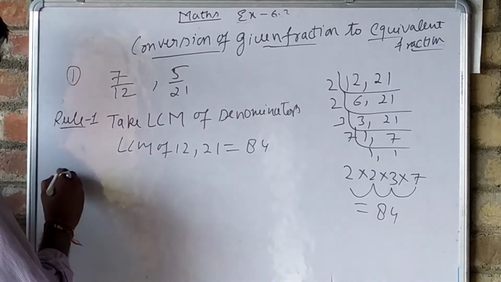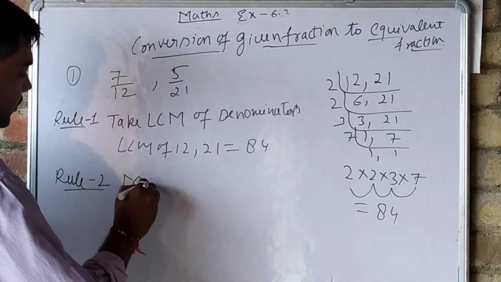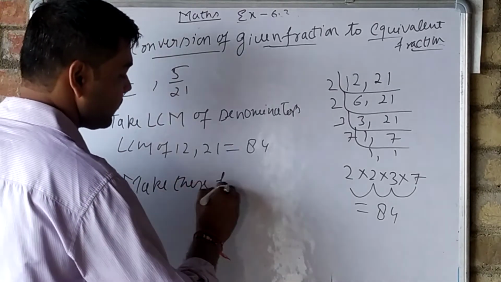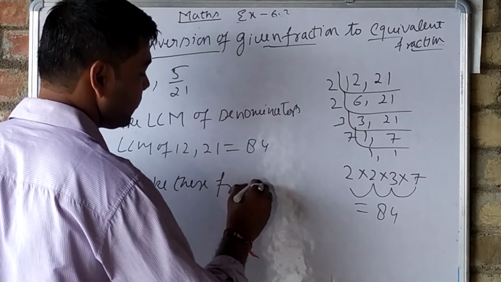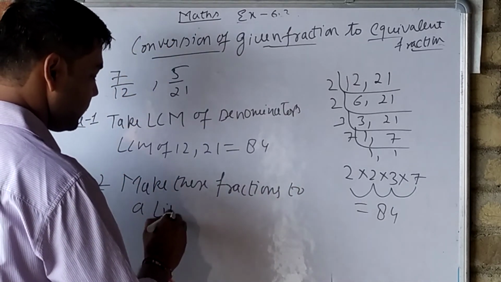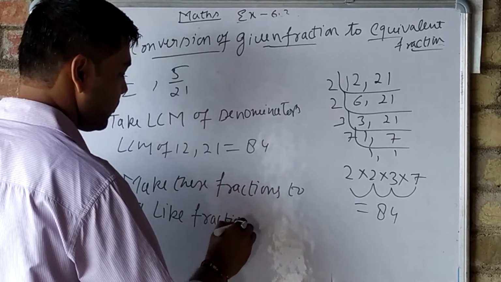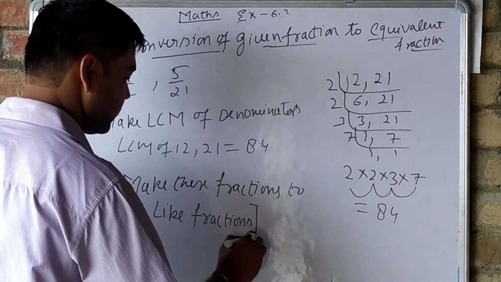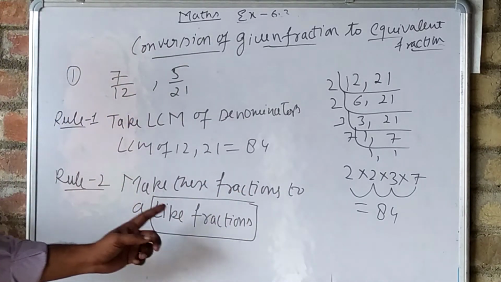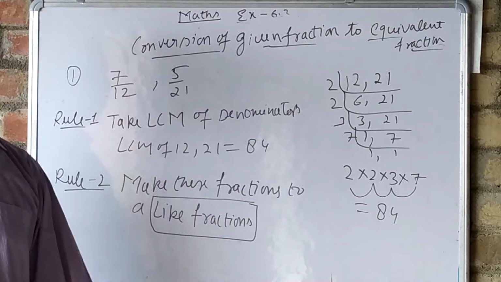Understand? Rule 2: make these fractions into like fractions. Now we have to convert these into like fractions.